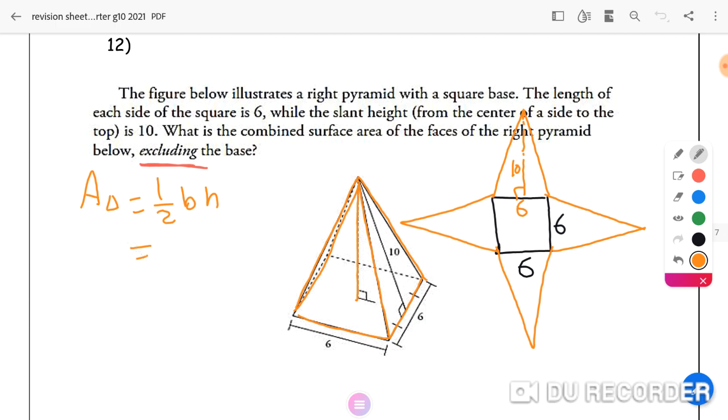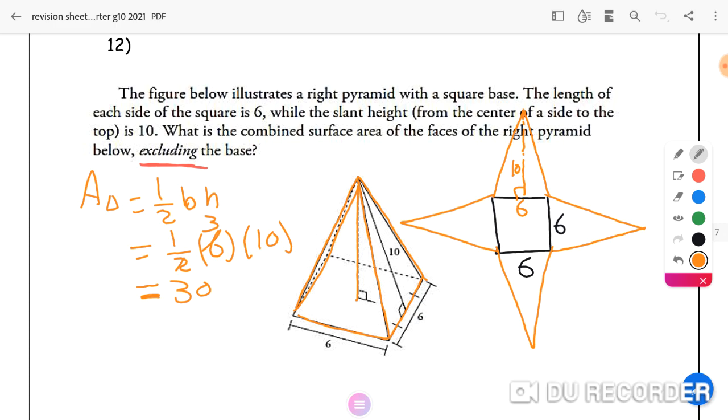So the area of one triangle equals half multiplied by base, which is 6, multiplied by height, which is 10, and that equals 30. So this is 30 units squared, the area of one triangle.